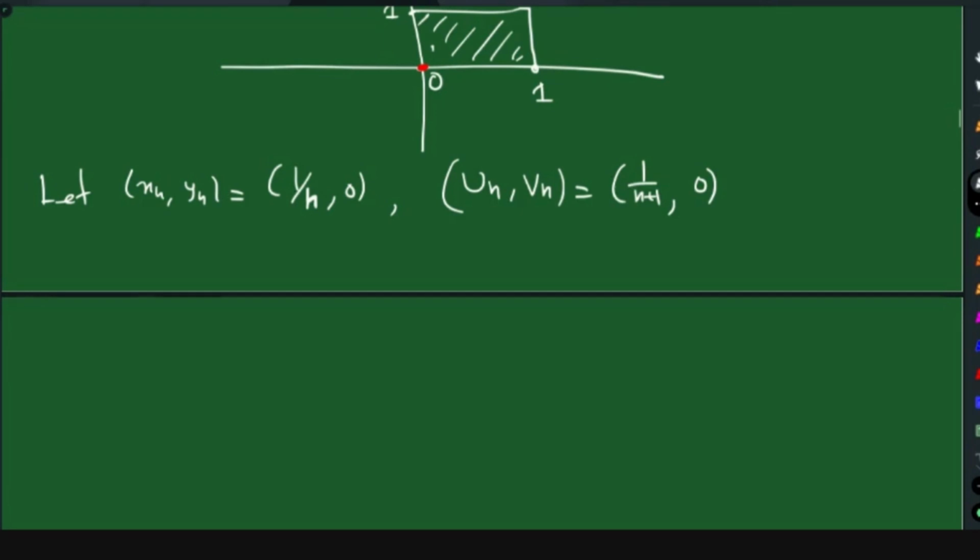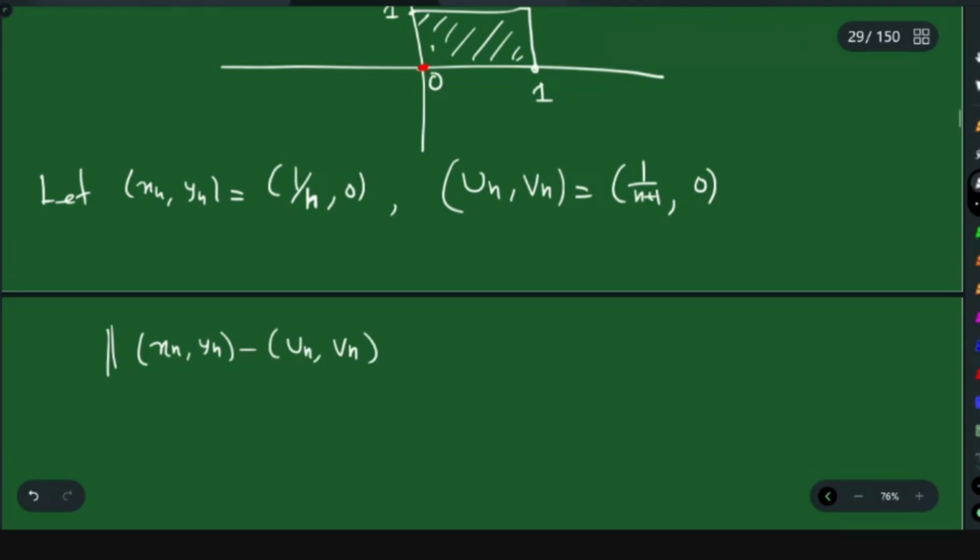First, I have to check whether the difference, or the norm of the difference, is going to 0. So let me look at the norm of (x_n, y_n) minus (u_n, v_n). So what was it? This is in fact the norm of (1 by n minus 1 by (n plus 1), 0), right?